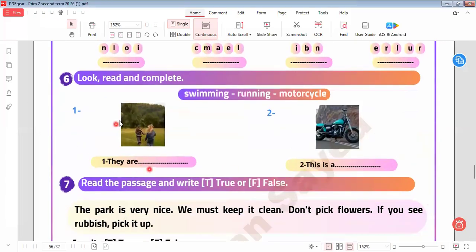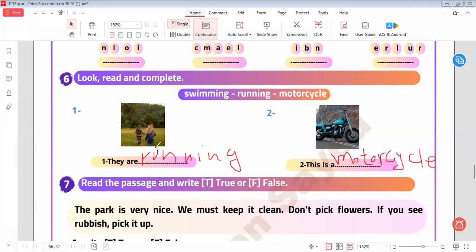Okay, they are doing what here? Are they swimming? No, they are running. So I write here running. So here they are running. This is a motorcycle. We took this also in chapter 3, I think. I don't know if chapter 3 or chapter 4 is about transportation.